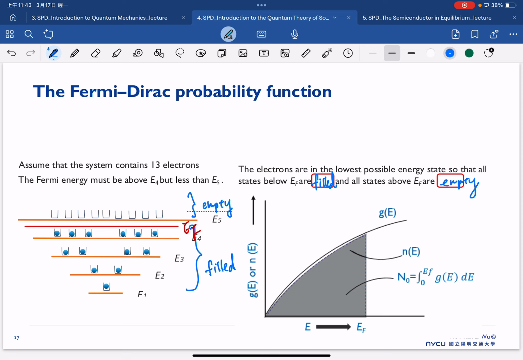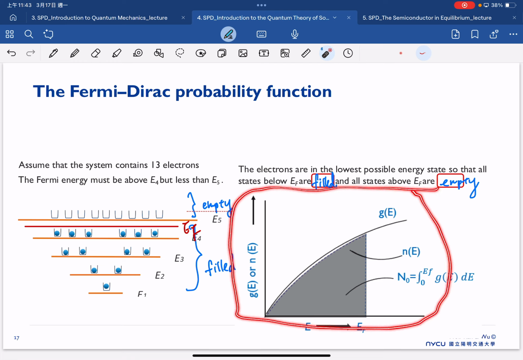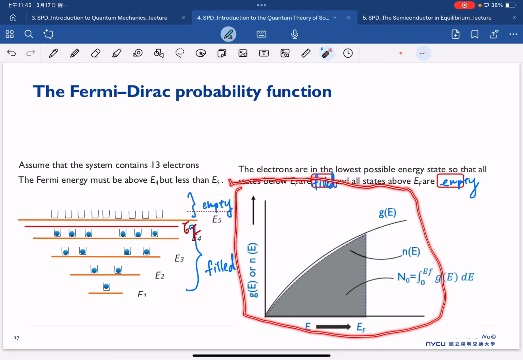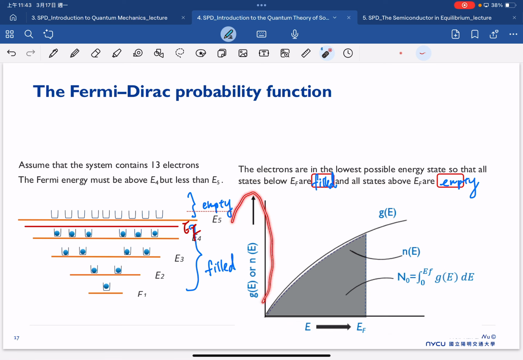Now we can again use this plot to understand this case. This plot we already drew before is g(E), our allowed energy states versus energy.